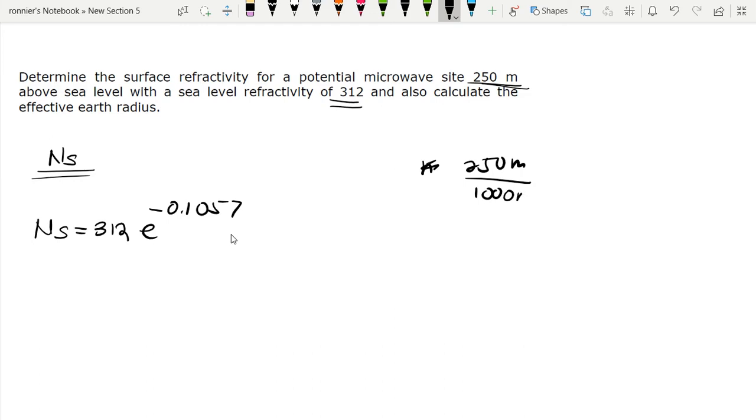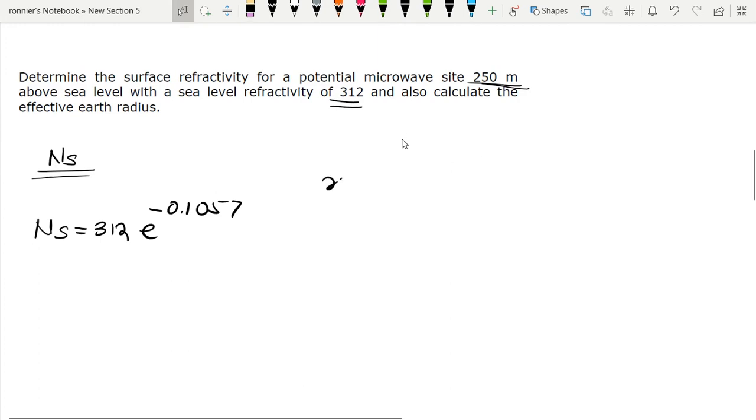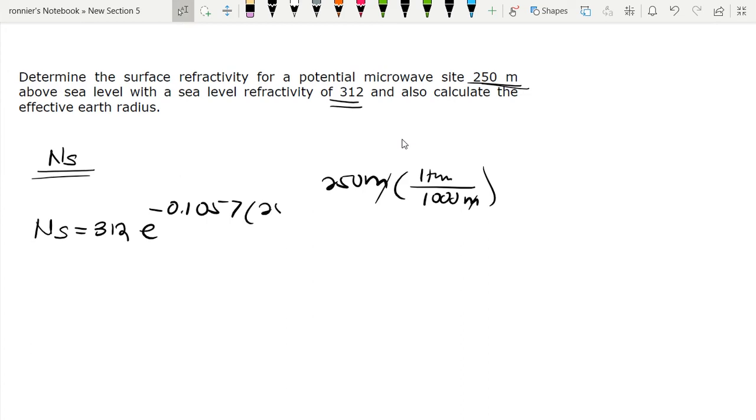Dapat pala mali ako, dapat pala ganito. So, 250 meter times 1 kilometer over 1,000 meter. Para makakancel si meter, ang matitira na lang kilometer. So, 250 divided by 1,000.